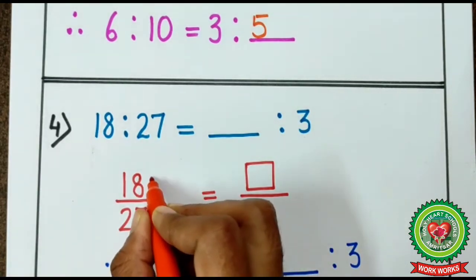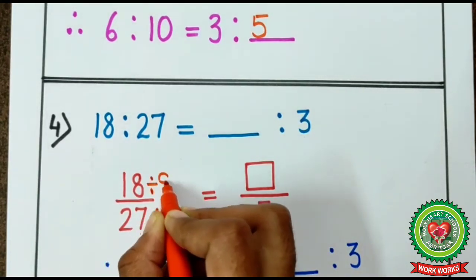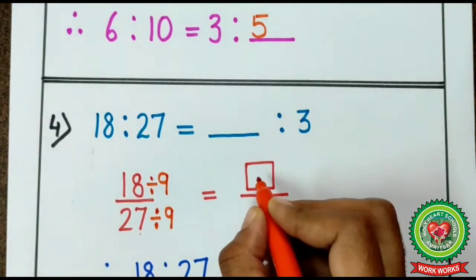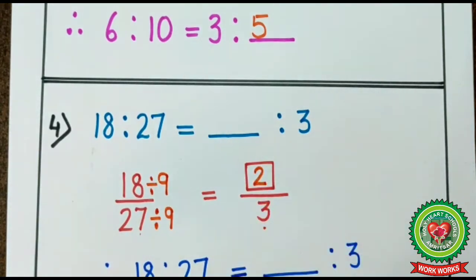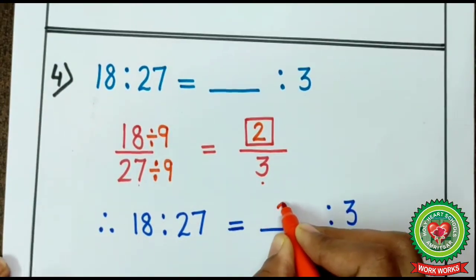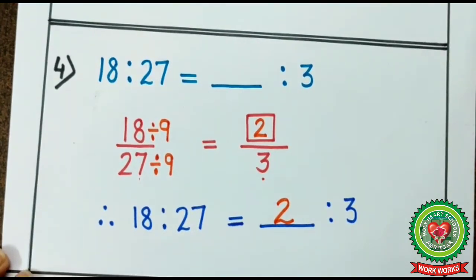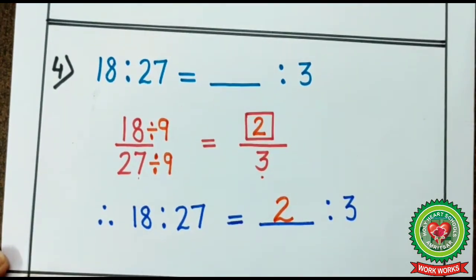Similarly, when I will divide 18 by 9, I will get my answer. So what will come here? Here it comes 2. So at the end, 18:27 equals to 2:3.